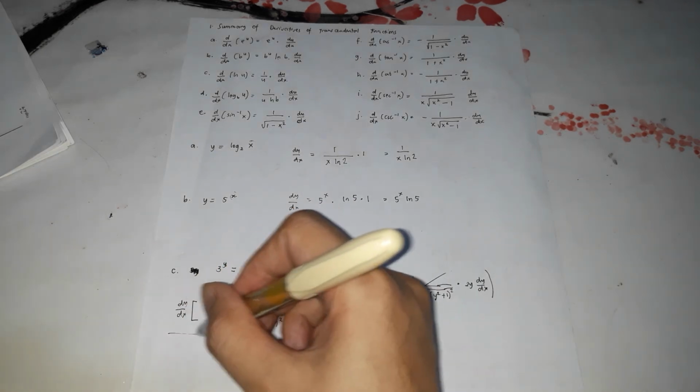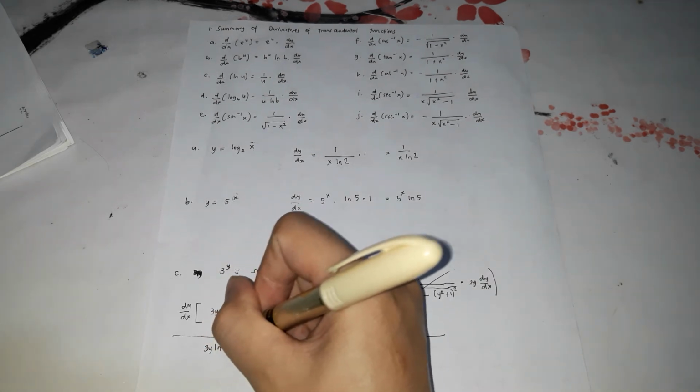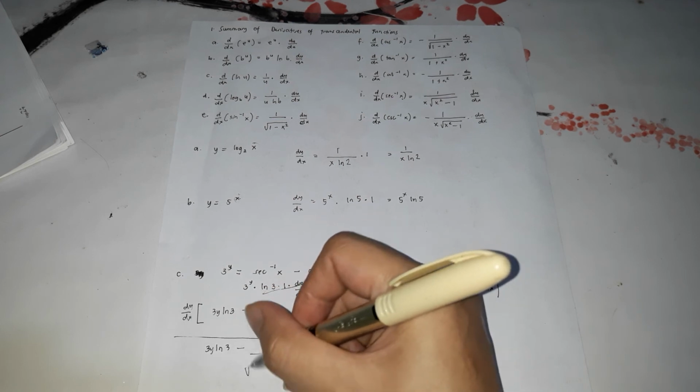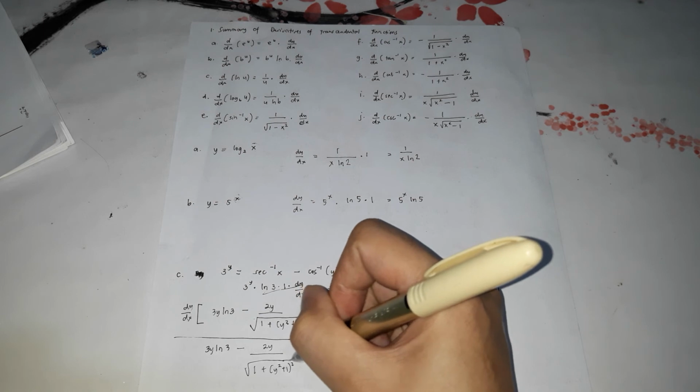Again, so that it cancels, we divide both sides. You could simply write 3 to the y ln 3 minus 2y over the square root of 1 minus y squared plus 1 squared.